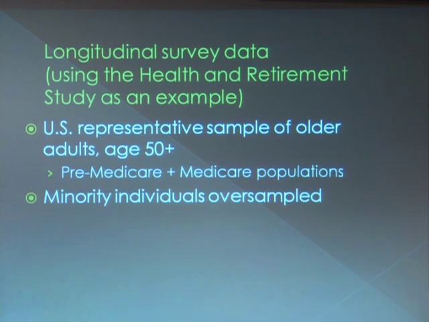It's not just because everybody turning 65 is going to enter Medicare, but what kind of baggage are they coming with to the Medicare program? So it's a really interesting perspective. And also in this particular database, the minority individuals are oversampled, and so you have quite a few African American and Hispanic respondents to work with.